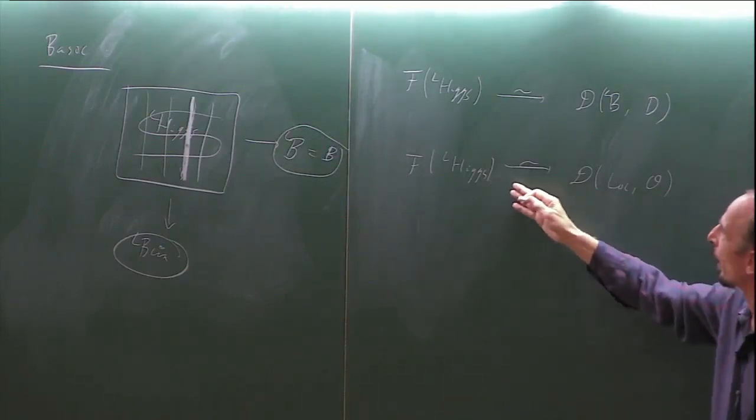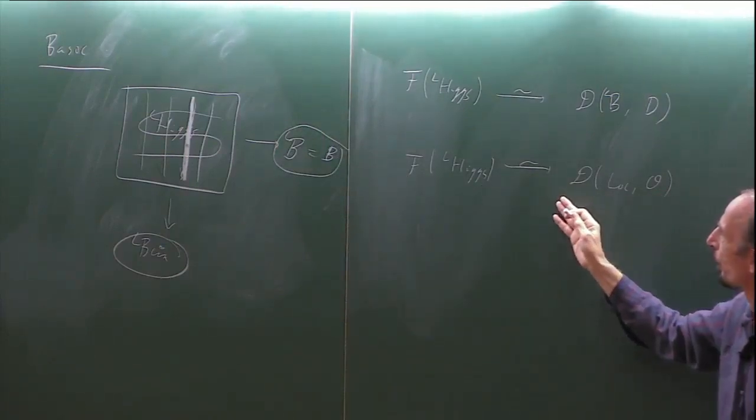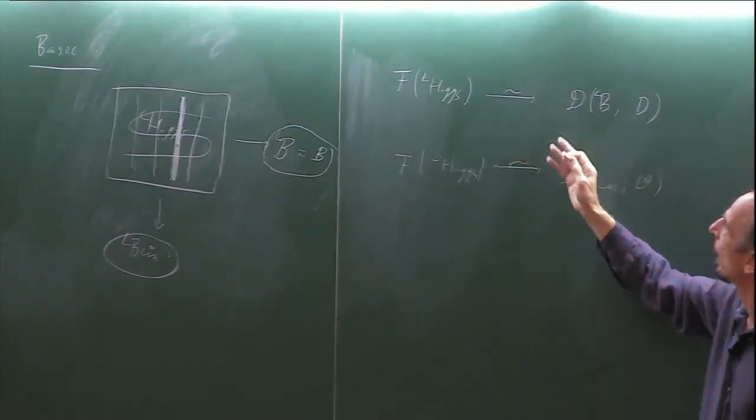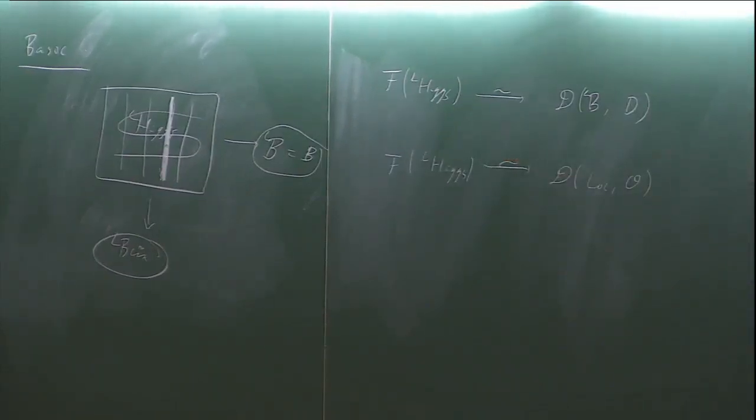So one equivalence is supposed to be the SYZ identification, and the other equivalence is supposed to be this family Floer homology. So this is an identification proposed by or based on ideas of Mohammed Abouzaid.